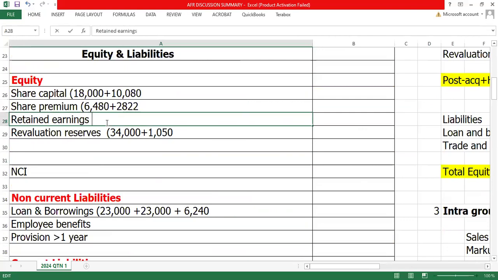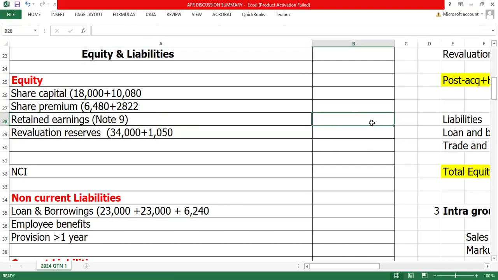So this is note number what? Number 9. And we are seeing that it is how much? It is 105,353, like this, eh?